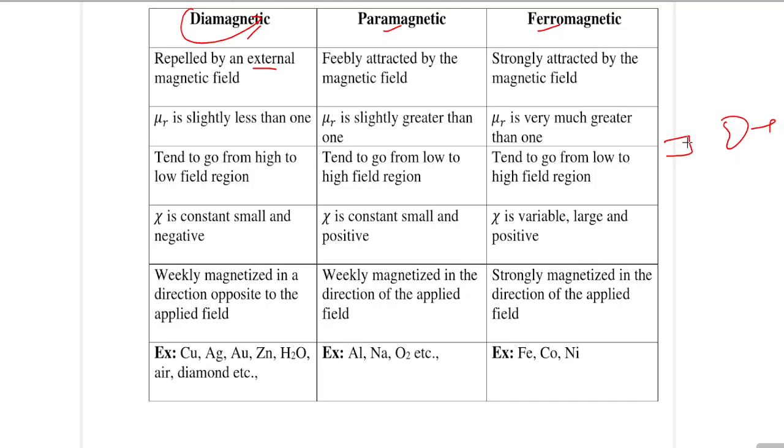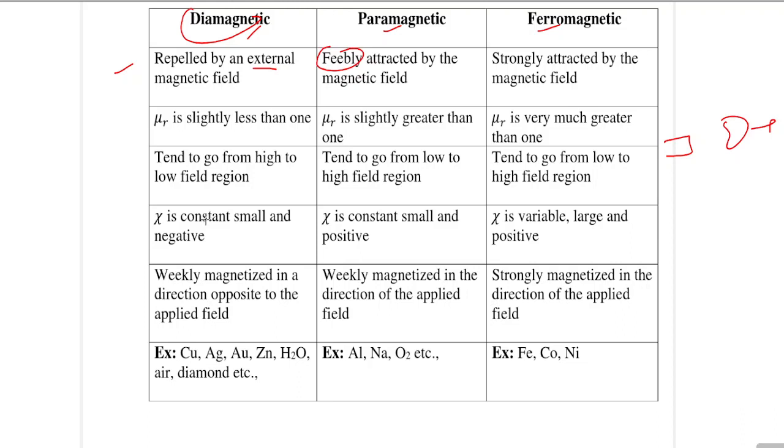While in case of paramagnetic or ferromagnetic, the material will be pulled by the magnet, but the force will vary. Paramagnetic means it will be attracted with very small force, while if the material is ferromagnetic, it will be pulled towards the magnet by a strong force. So you can learn this as one difference.